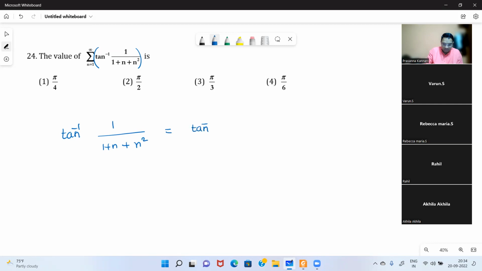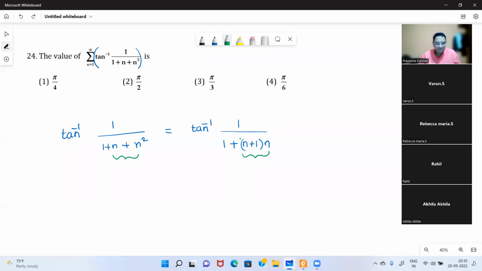Now observe here. 1 by 1 plus n square. Can I write n plus n square like this? What is n into n? N square. Then 1 into n? N. Therefore, I can write n plus n square as n plus 1 into n.